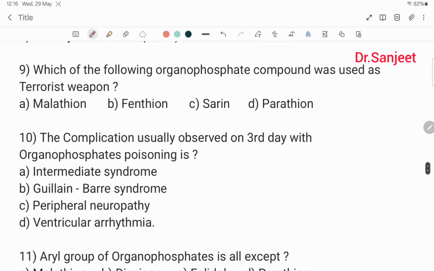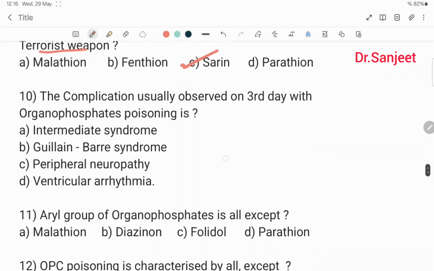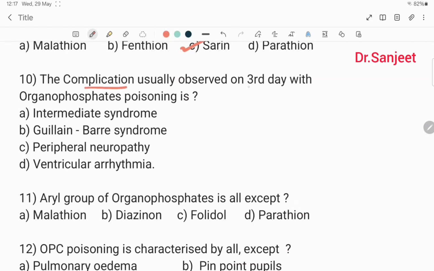Which of the following organophosphate compounds was used as a terrorist weapon? Malathion, fenthion, sarin, parathion. Sarin is the synthetic form. Complication usually observed on the third day with organophosphate poisoning is intermediate syndrome, first to 4 days. Delayed syndrome, first to 4 weeks.